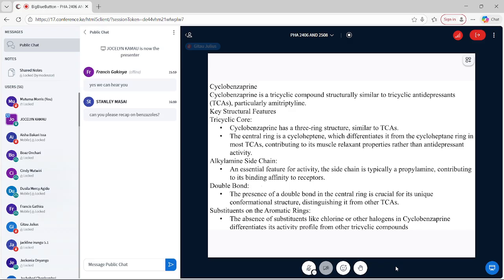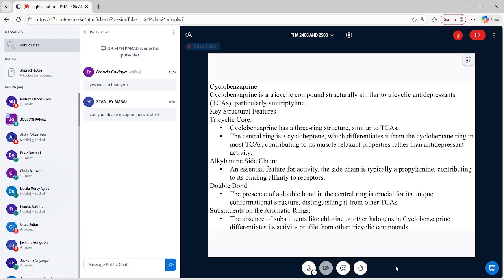Protriptyline has a double bond at position 10-11. It does not have a double bond at position number 5. It has an sp3 carbon at position number 5 and sp2 carbons at position 10-11. That makes a difference when you compare with cyclobenzaprine, which has an sp2 carbon at position number 5 and sp2 carbons at position 10-11.